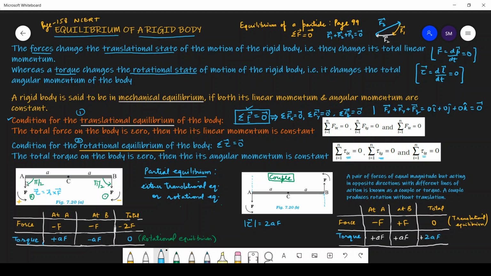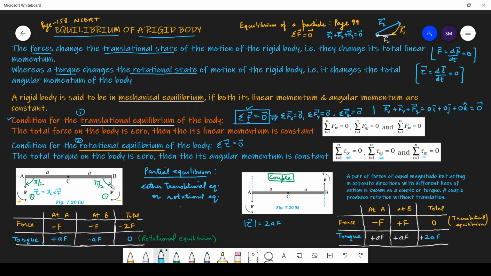And these are the two parallel forces. They are equal in magnitude and in the same direction. These are applied perpendicular to the rod. So this angle is 90 degrees with the rod, and this angle is also 90 degrees with the rod. Okay.